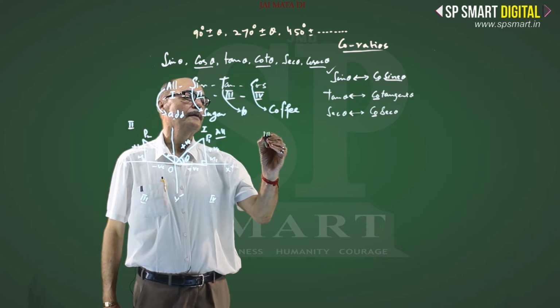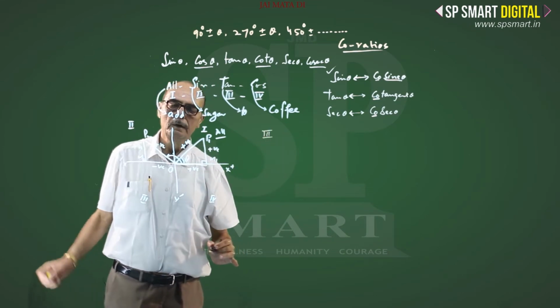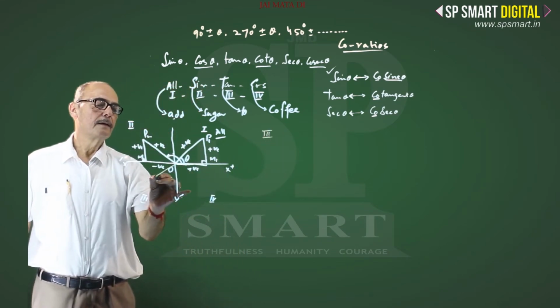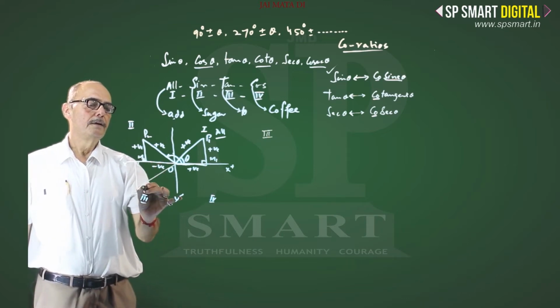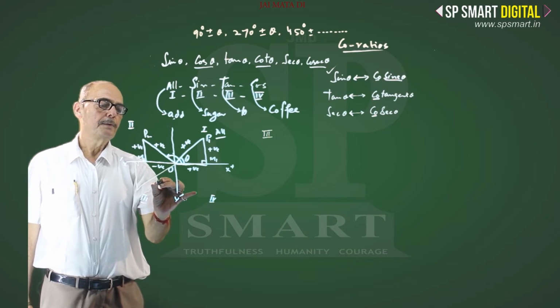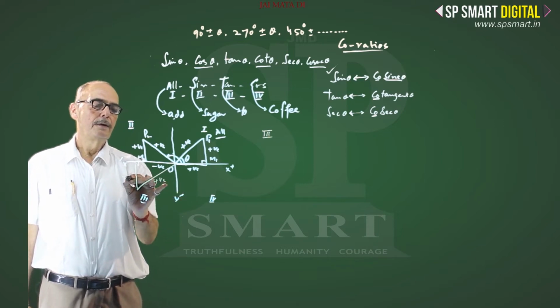In third quadrant, we have the figure like this. This is a right angle. This is to be regarded positive. This is negative.